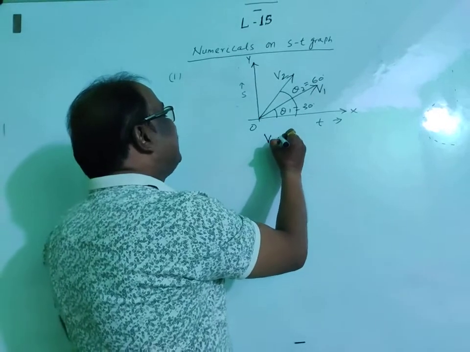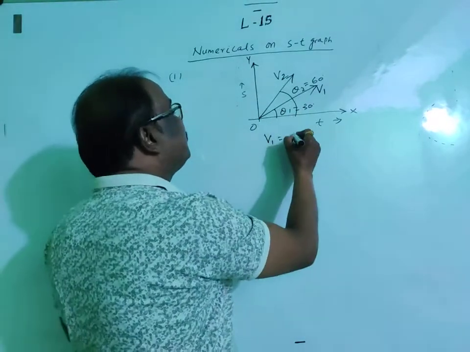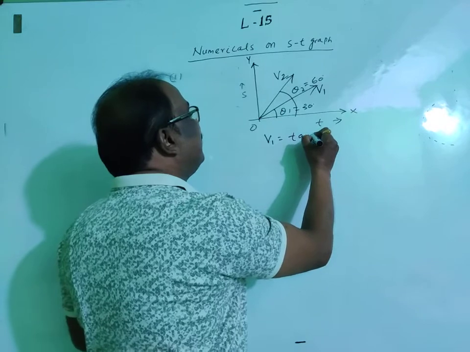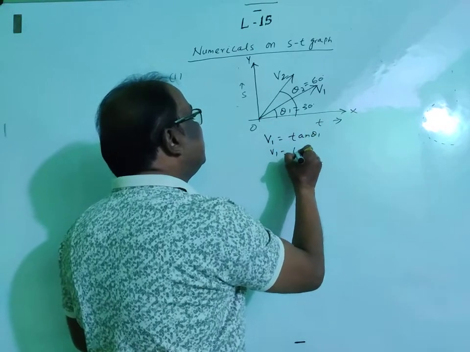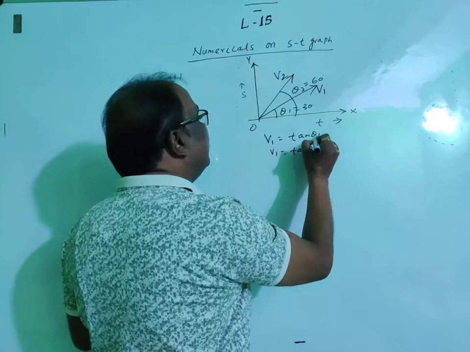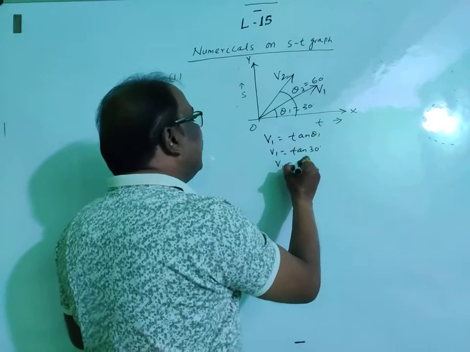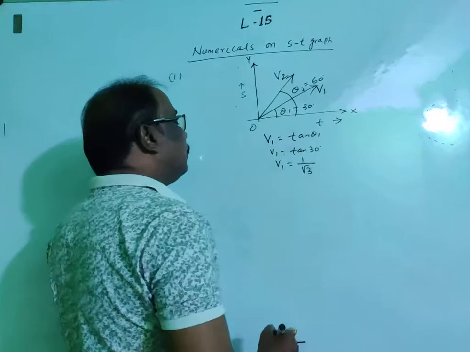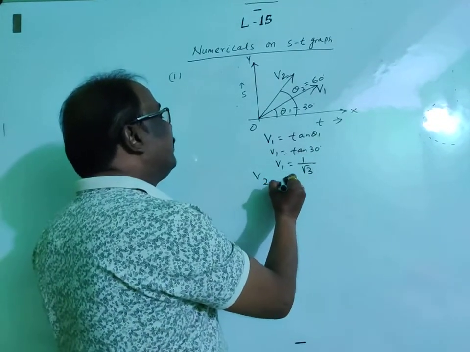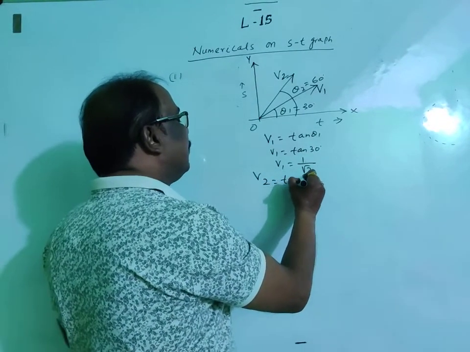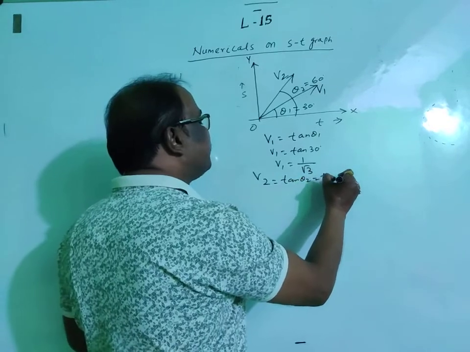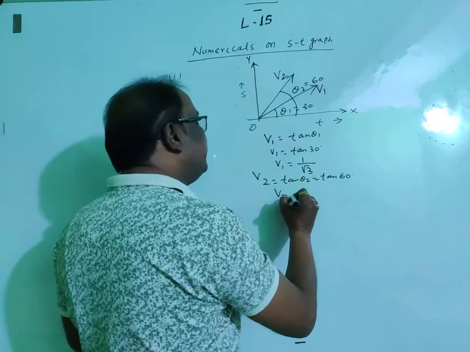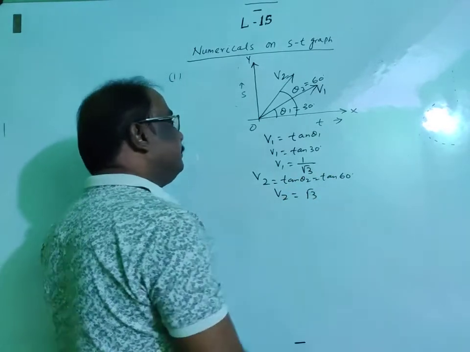If we consider velocity v1, the magnitude of velocity v1 is tan theta 1, means v1 is equal to tan 30 degrees, since theta 1 is 30 degrees, and v1 is equal to 1 by root 3. In a similar way, v2 is equal to tan theta 2, that equals tan 60, and v2 is equal to root 3.